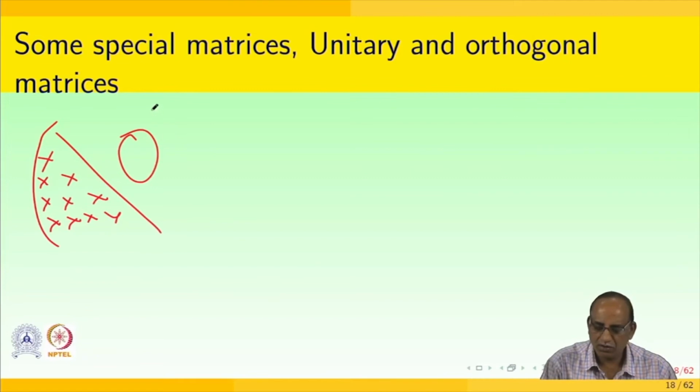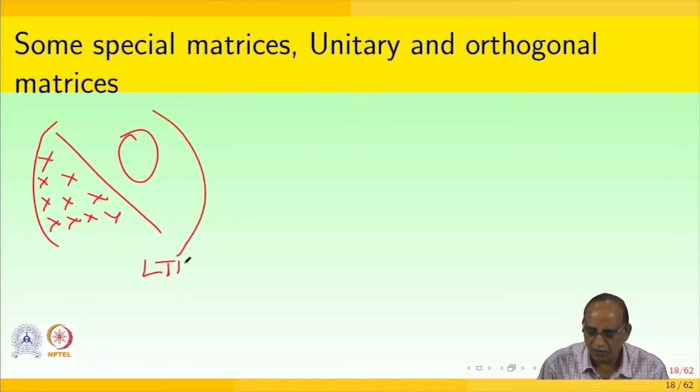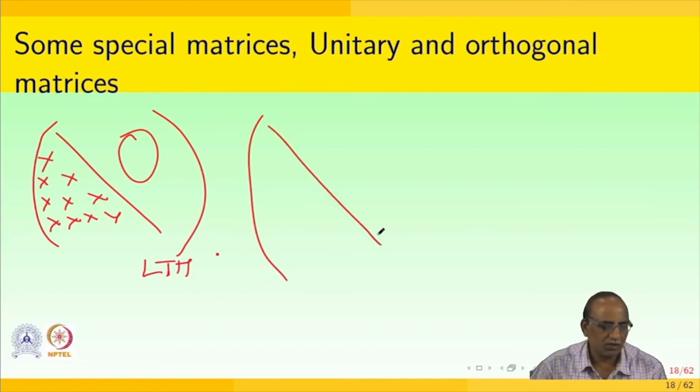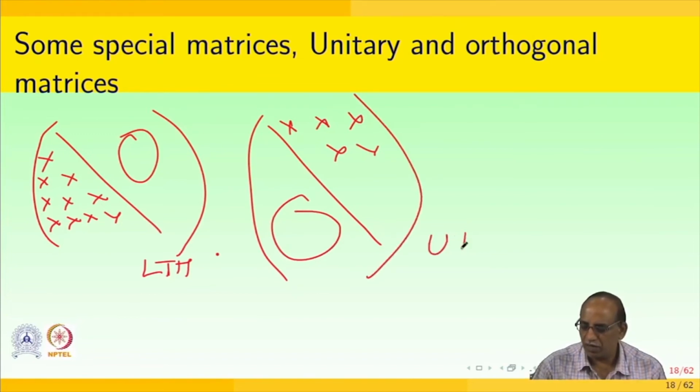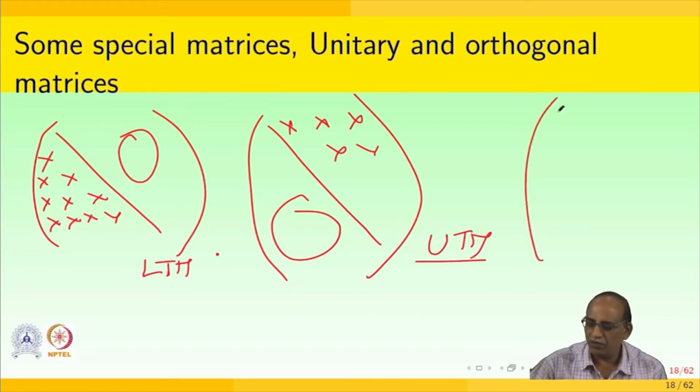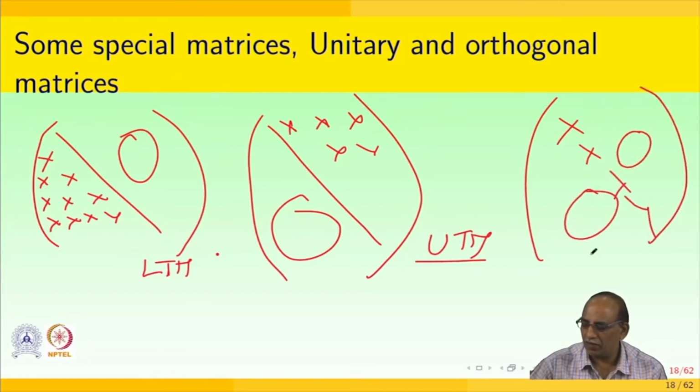This is the lower triangular matrix, and you will have another matrix with zeros, the upper triangular matrix. And obviously you have the diagonal matrix.